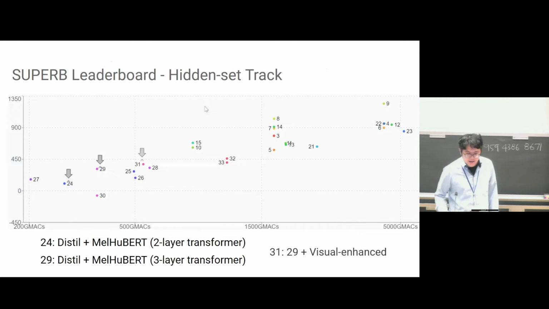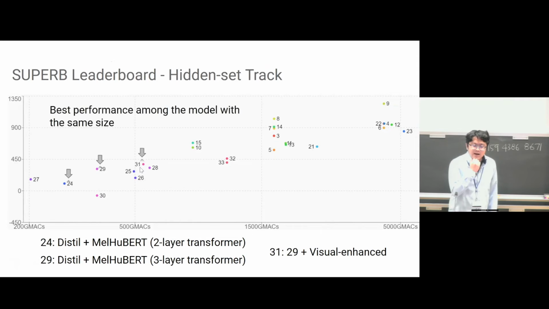We get model number 31, which is number 29 plus visual enhancement. Comparing 29 and 31, we get a little bit of improvement. And if you compare this model with all the other models with the same computational cost, it is also slightly better than other models. So this is the result of integration.